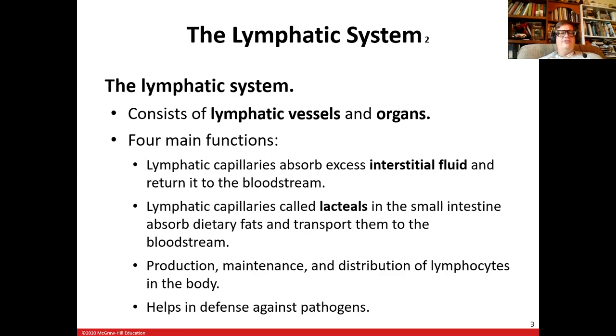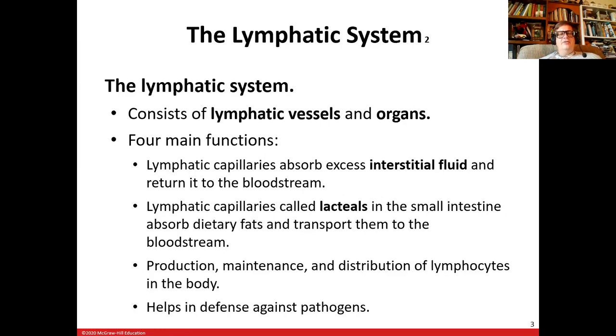In the small intestines, the lymph that they're pulling in could be full of fats, and that gives it kind of a milky color. And so they call those capillaries lacteals, as if it was lactate, lactation, lactose, milk-looking. So literally they're whitish, and so they called them the tubes to move milk.